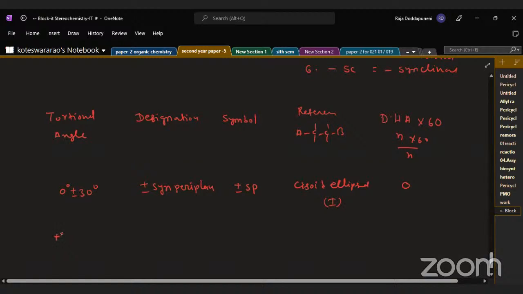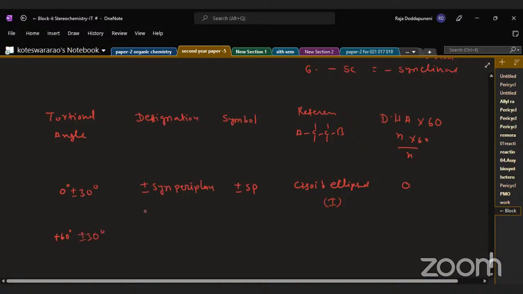Now plus 60, plus or minus 30, that is 30 to 90 degrees.